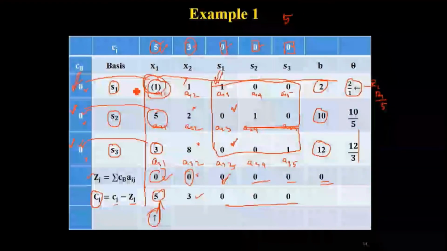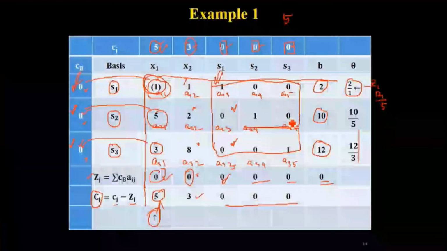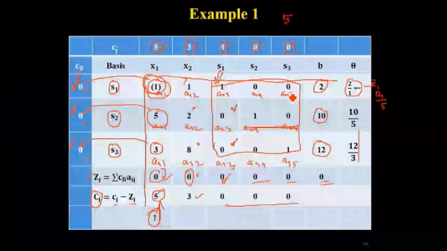That means when S1 is replaced, x1 will come in place of S1, and the column will become 1 0 0. If S2 is replaced, we have to make the column in such a way that the key element will be 1 and above and below it will be 0 0. If S3 is replaced and a new variable comes, then the key element will be 1 and the other elements above it will be 0 0. So that is the concept.